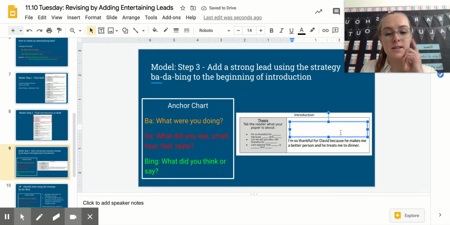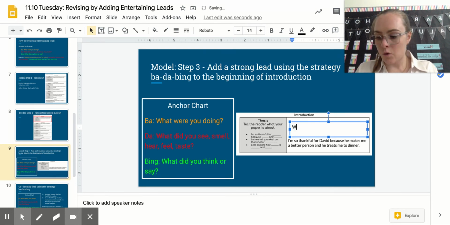So first I need to ask myself, what were you doing? And I need to think about my topic, which is David, and we're writing about this thankful unit. So my strong lead needs to do something with David. So let's see, what were you doing? I was walking into my front door.